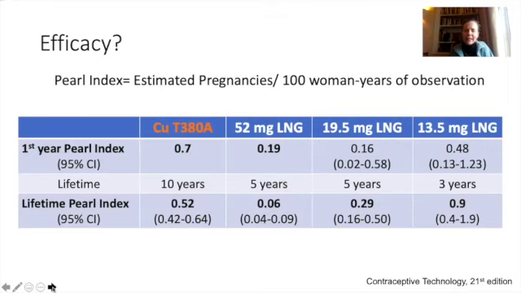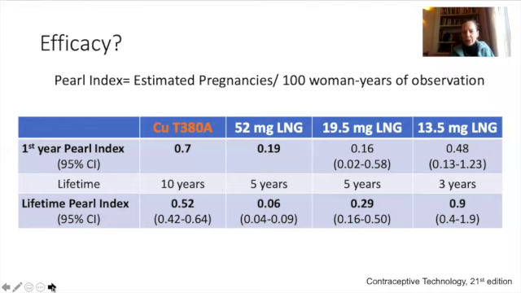And you can see that in the first year of use, the Pearl Index for the copper T380A is 0.7, while that for the 52 milligram levonorgestrel IUD is considerably lower at 0.19.